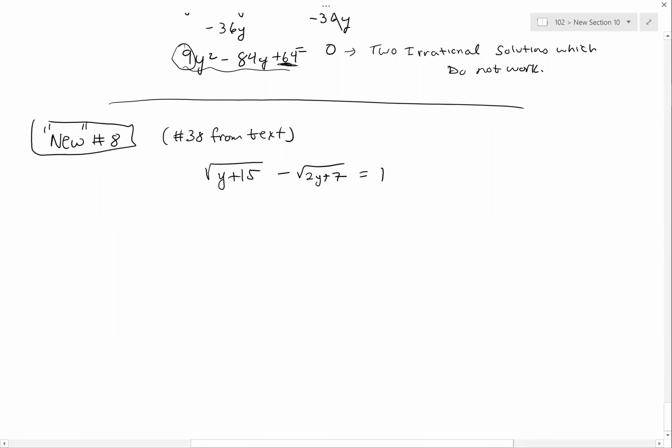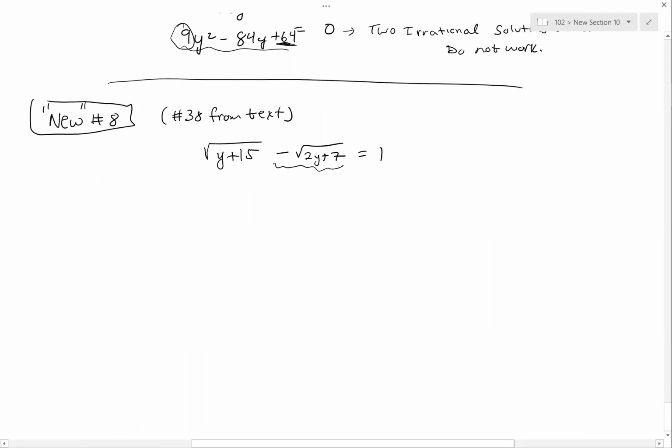All right, so let's follow those steps again. The first step is to isolate one of the radicals. Your choice which? I prefer the more complicated one. So I'm going to isolate that radical. So to do that, I'm going to subtract the square root of y plus 15 from both sides.